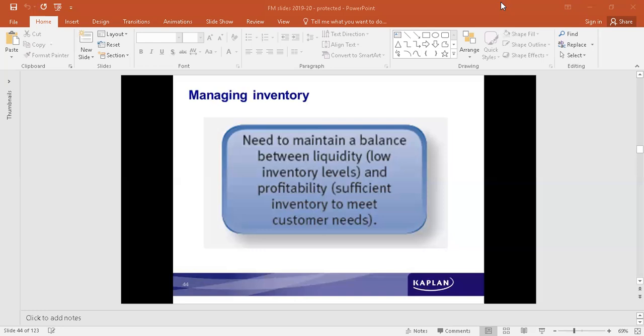If they have sufficient cash balance, they can meet the payments to the suppliers, the current liabilities can be met, and they can also meet their day-to-day expenses. So, to understand the liquidity position or the short term position, we have to study working capital.